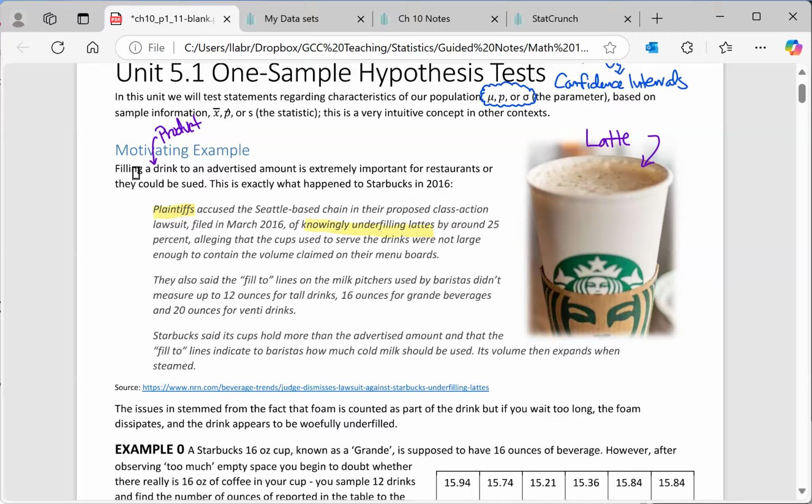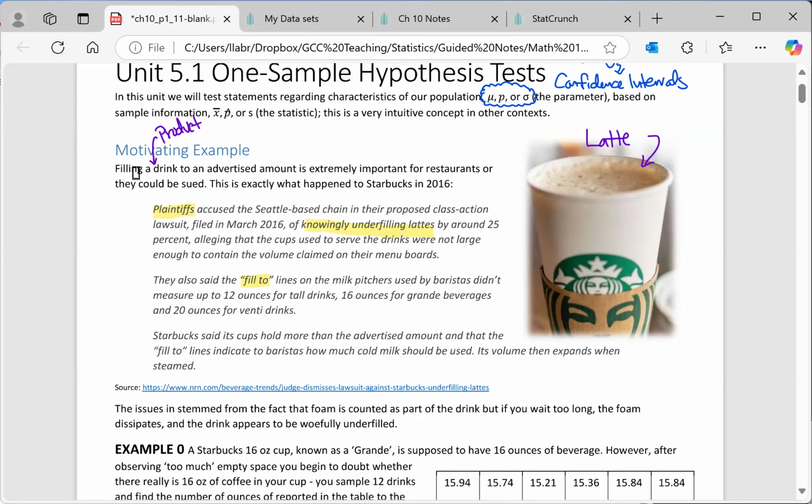If you've ever seen how the coffee's made, you know that as it's being processed, there are fill lines in, for example, the pitcher or blender that the barista uses. And what they said is that the fill line on the milk pitchers used by the barista didn't measure up to 12 ounces for tall drinks, 16 ounces for grande beverages, and 28 ounces for venti.